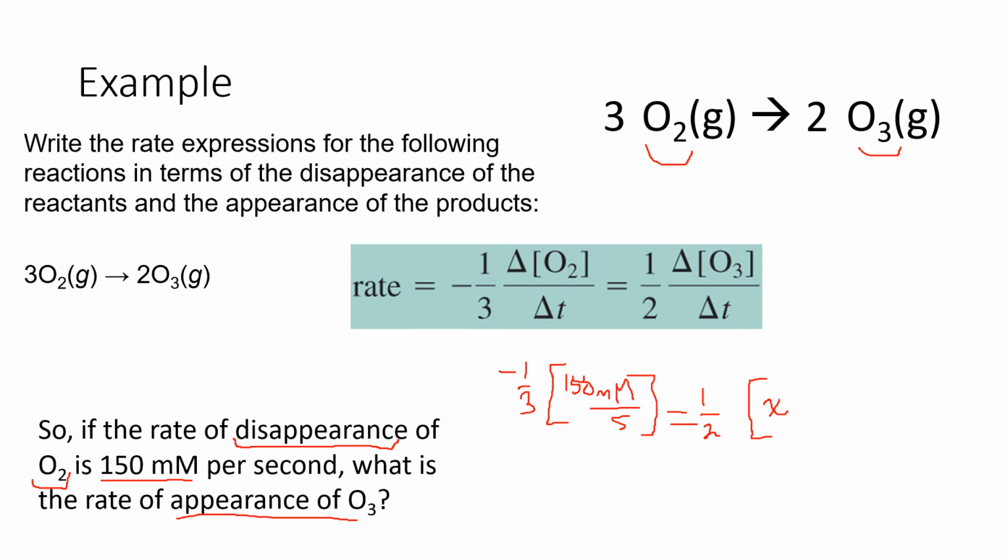So this is what we wanted to see, right? So there. So we solve for X, right, by dividing both sides by 1/2, or multiplying by 2 if you'd rather do it that way. And so you get, okay, so algebraically you get -2/3 of the rate here of 150 millimolar per second.